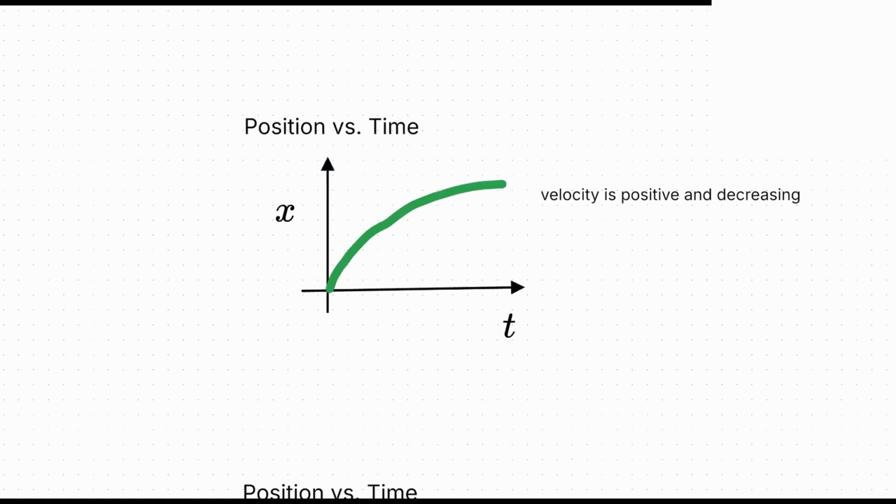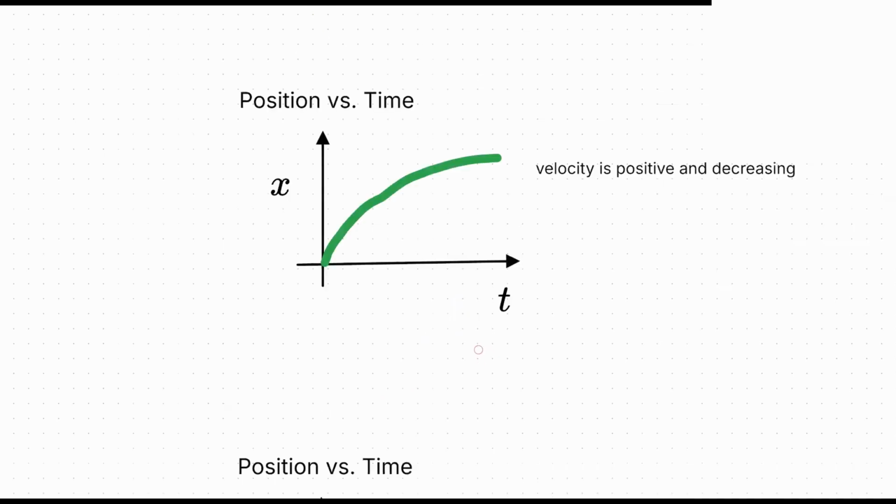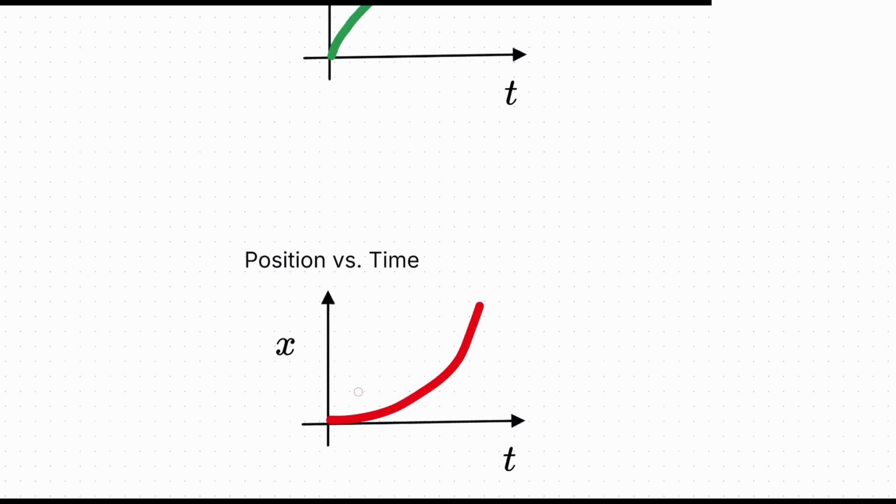Next, if we have this one here, what can we say about this compared to the other one? Compared to the other one, the slope of this graph increases.